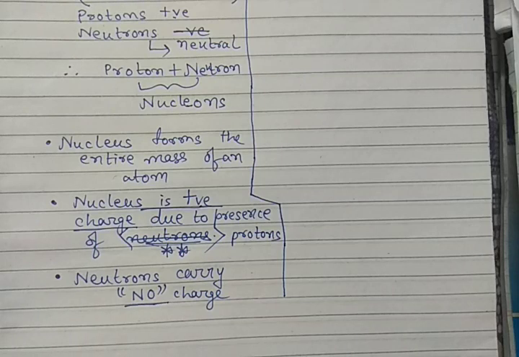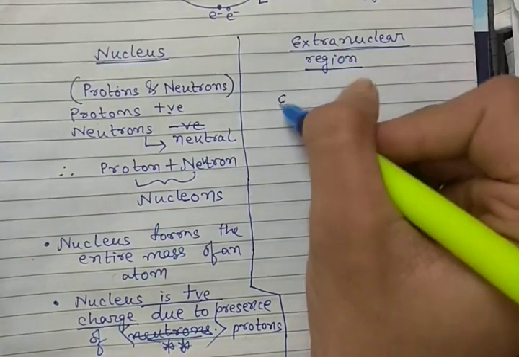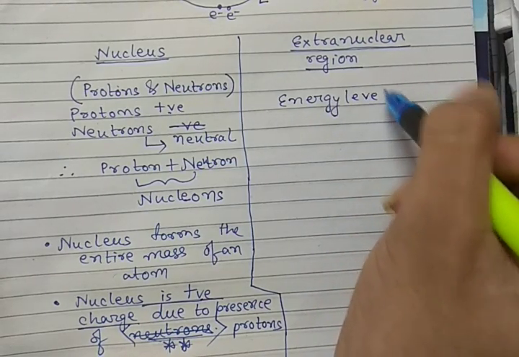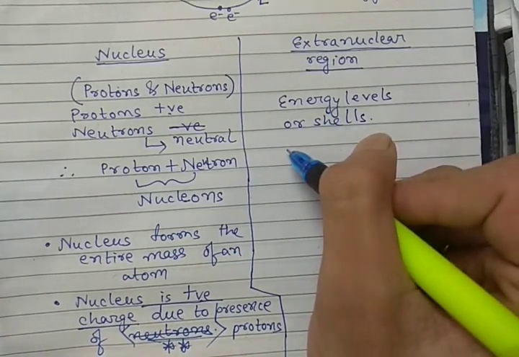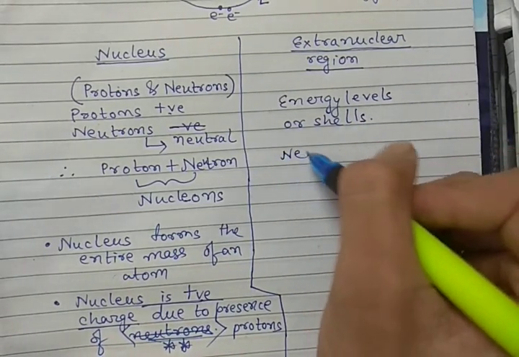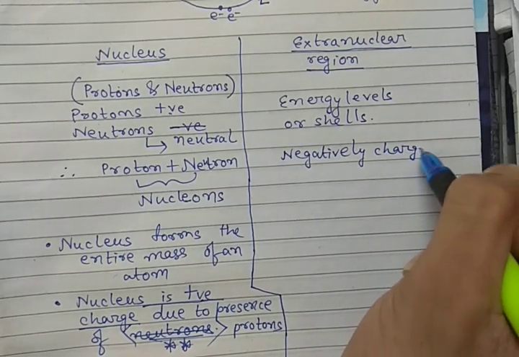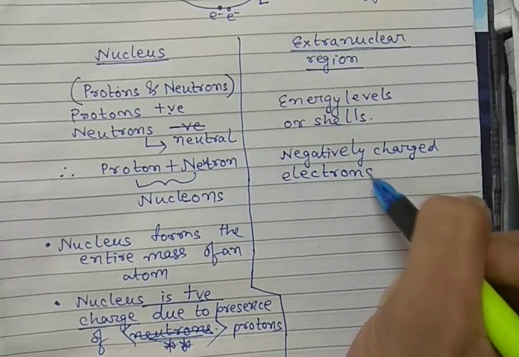Clear? Okay, so the extranuclear region consists of energy levels or the shells, and they consist of negatively charged electrons.